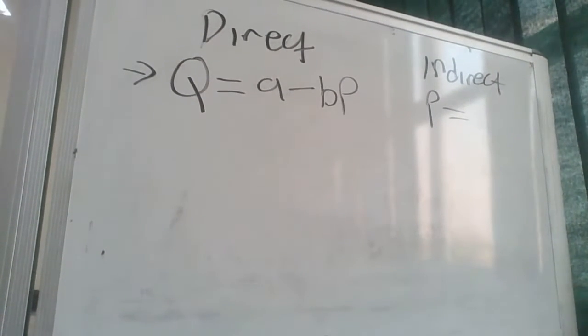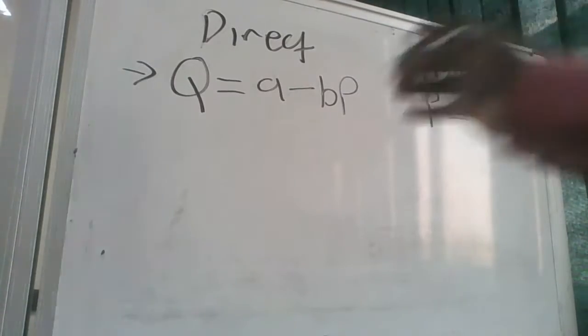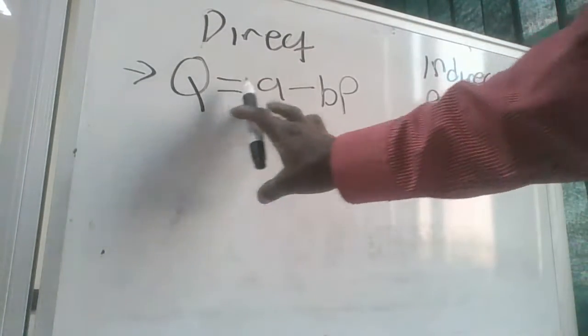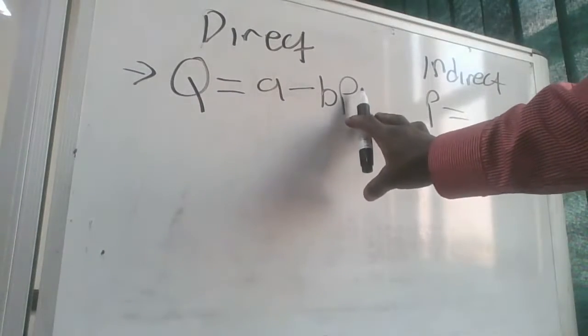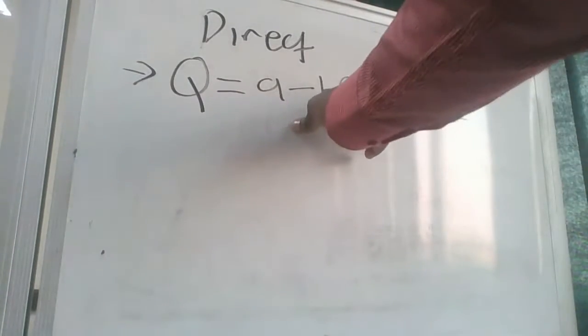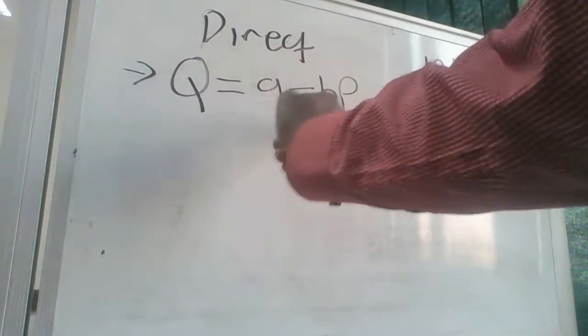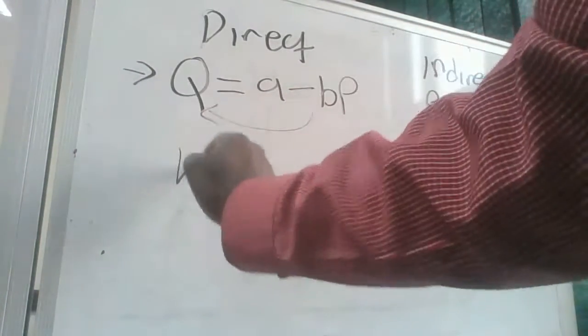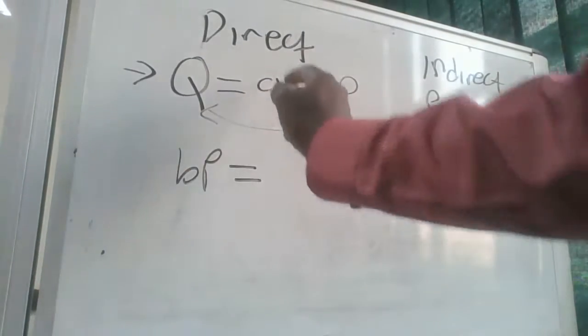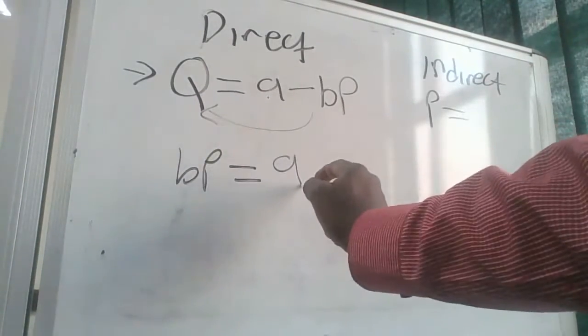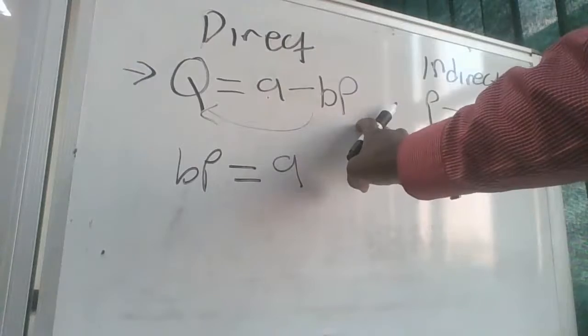Okay, so let's do it together. If we have Q is equal to A minus BP, and we want to make P the subject of the formula, we take negative BP to the other side of the equation, and it will become positive BP. Then this will be equal to, remember, our A has remained here. Then we take the Q to the other side.